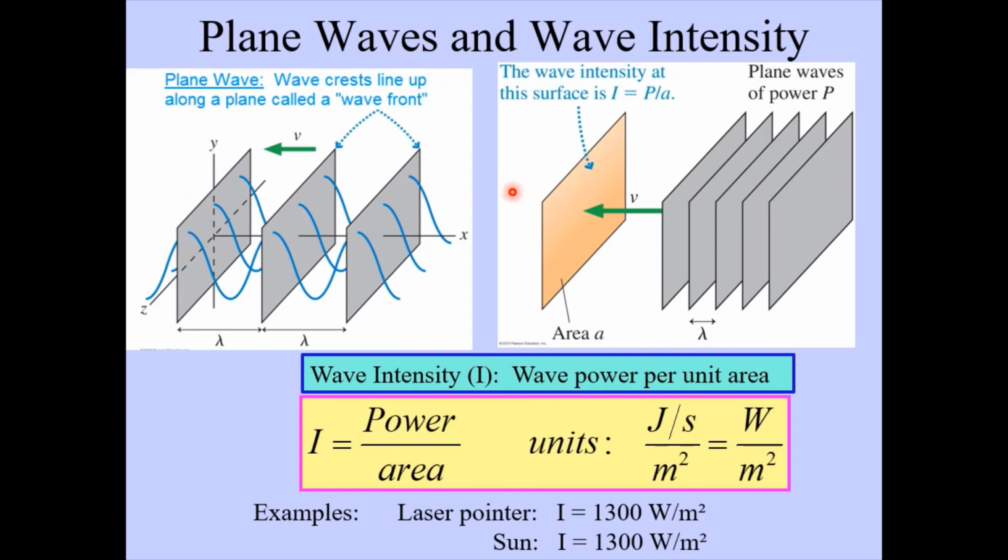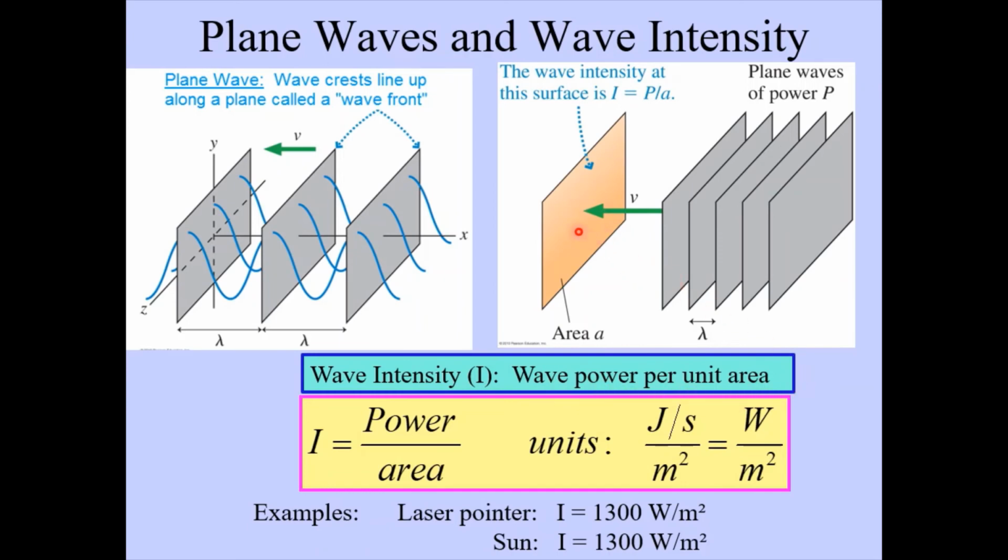With this idea here, we can think of each of these wavefronts as carrying energy, and these sheets of energy are basically approaching some surface here, and so we can define what's called the wave intensity at this surface. Wave intensity, I, is the wave power per unit area.